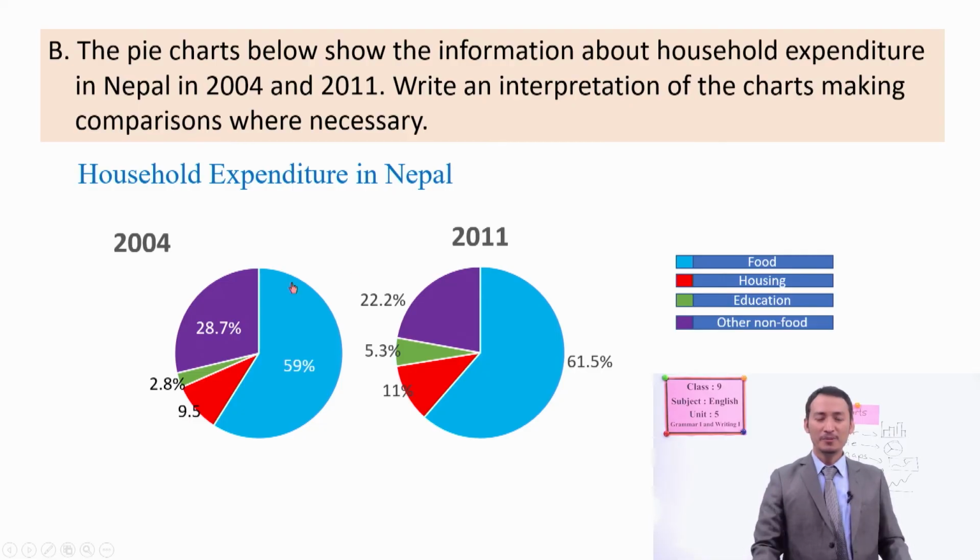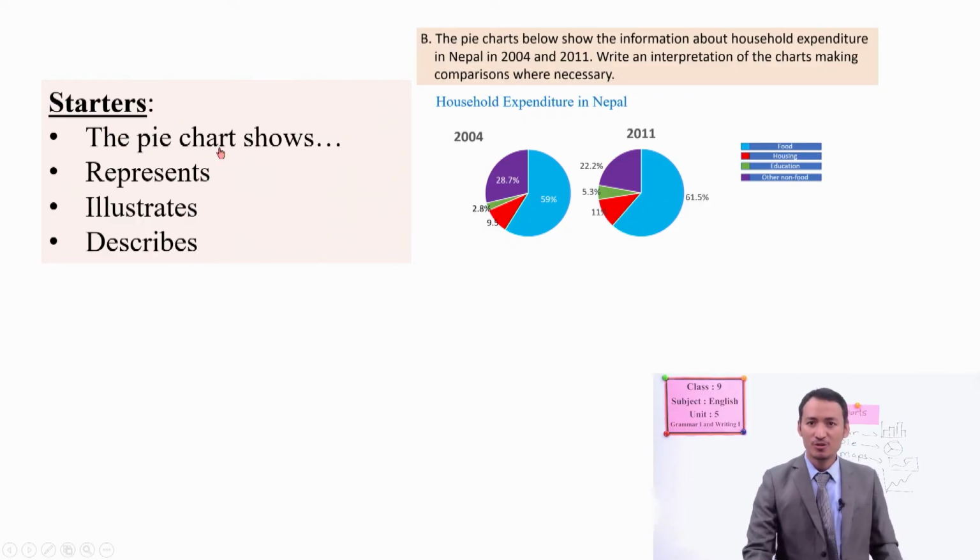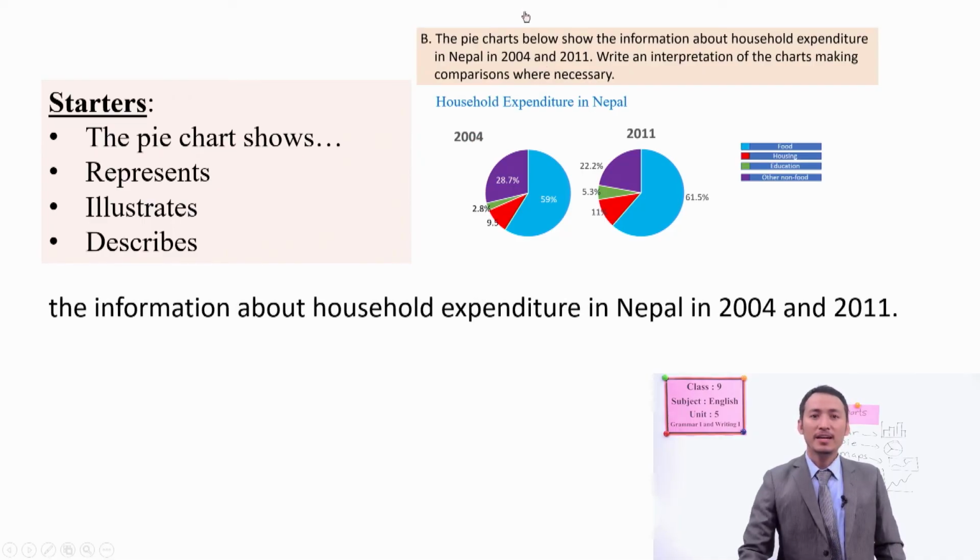Well, students, now we have this information, and you can start with the starters we have already talked about. You can say the pie chart shows, represents, illustrates, or describes. Any word you choose for showing the data. And then you can start with the information given in your exercise or question.